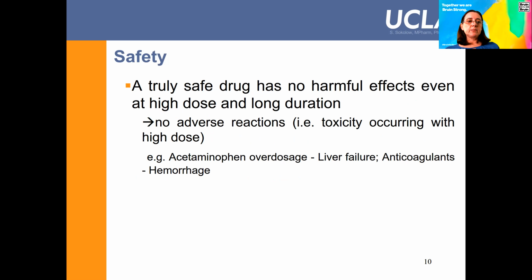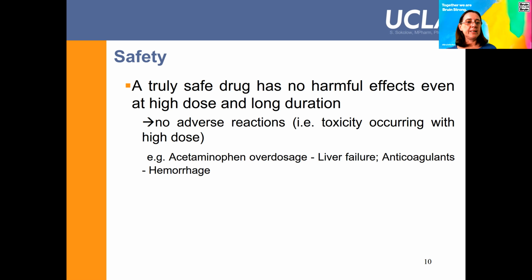So the other property that is very important is the safety. Of course, the ideal world would be to have a truly safe drug that has no harmful effect, even at high dose and at long duration. I don't know any drug that qualifies as that safe drug.